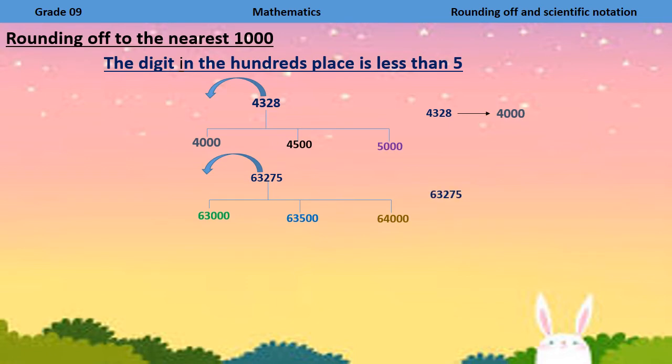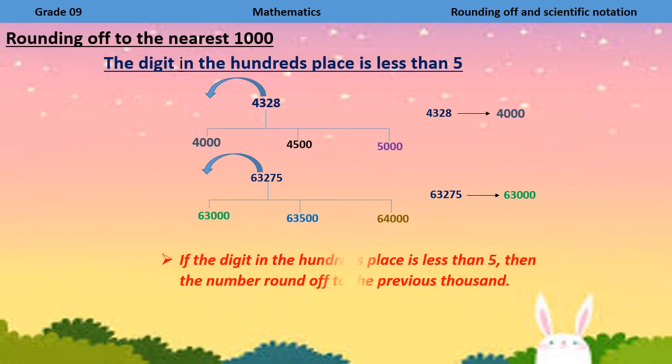Then when we round off 63,275 to the nearest 1,000, the answer is 63,000. It means the previous 1,000. Then if the digit in the hundreds place is less than 5, the number rounds off to the previous 1,000.